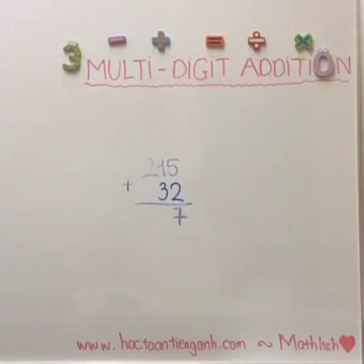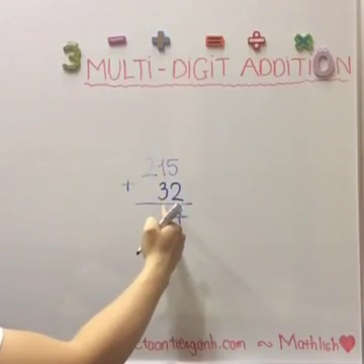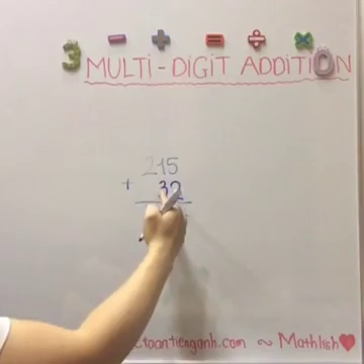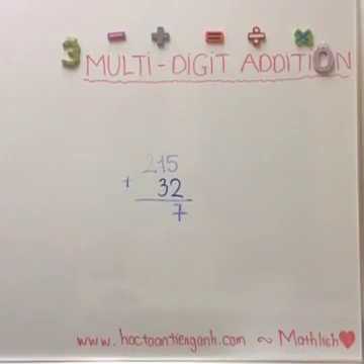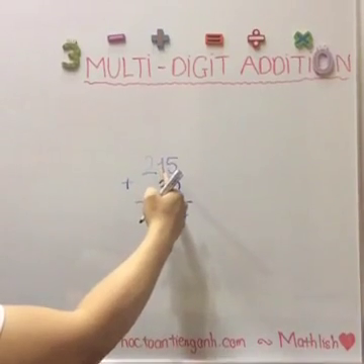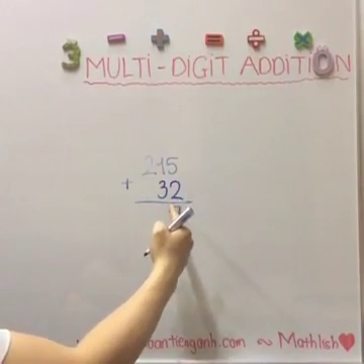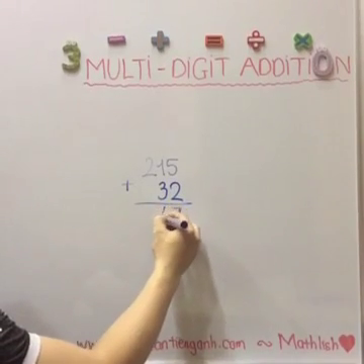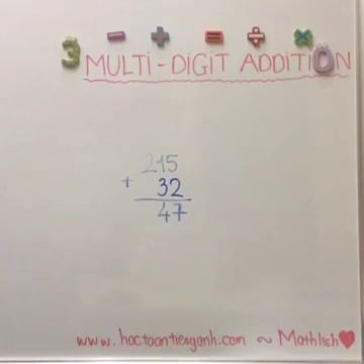Now we can move left to the next number place column, which is the tens place. The digits there are 1 plus 3, and that gives us a 4 in the tens place of our answer.